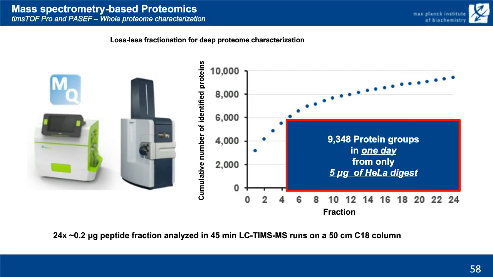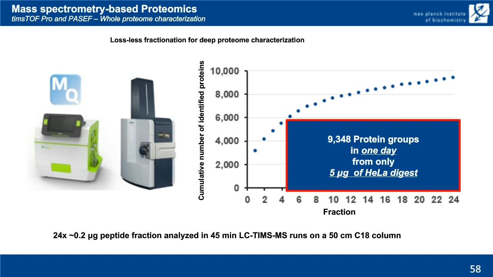Then we also evaluated the ability of the timsTOF Pro in combination with the PASEF scan mode in terms of deep proteome characterization, and therefore we used high pH reverse phase fractionation, which is automated on the Spider fractionator by Proteomics, and here we fractionated 5 micrograms of HeLa digest into 24 fractions of approximately 200 nanograms, and measured them in 45-minute gradients on a 50 centimeter C18 column.